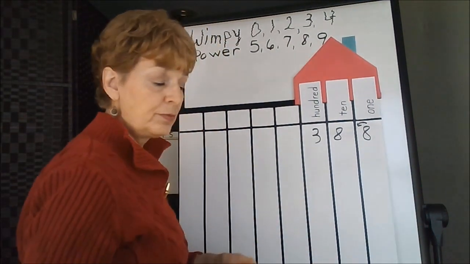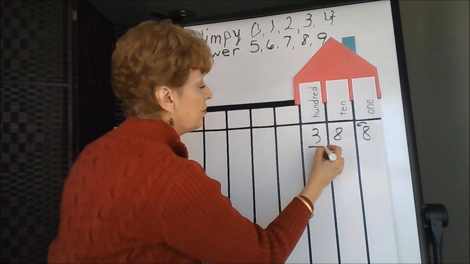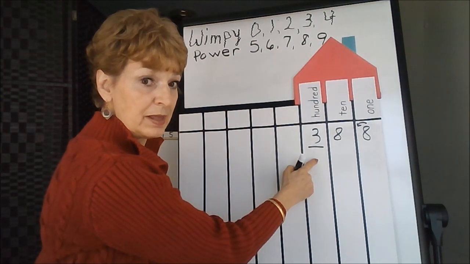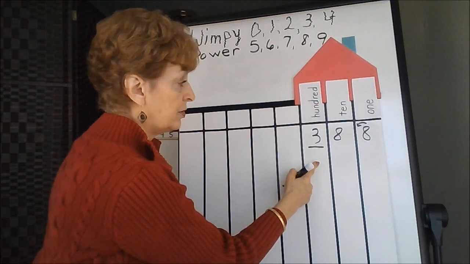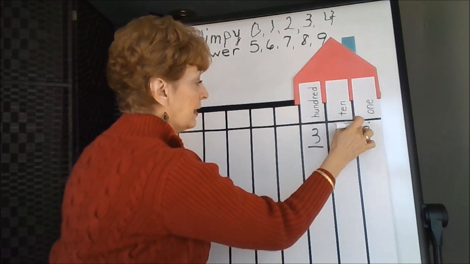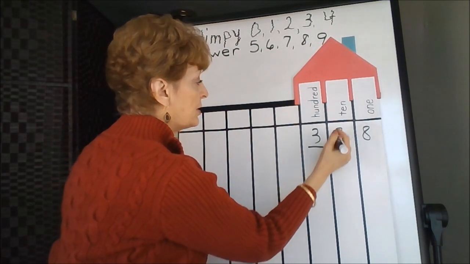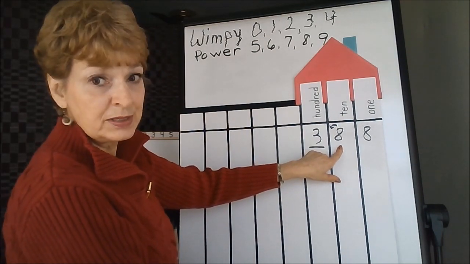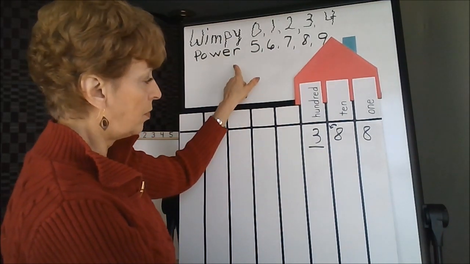Hundreds column, if we had to round to the nearest 100, we would be looking at to change or keep this number that's in the hundreds column. At this point, this is the 8, which is right next door. The 8 in the tens column now is the one that we're going to test to see if it's power or wimpy.